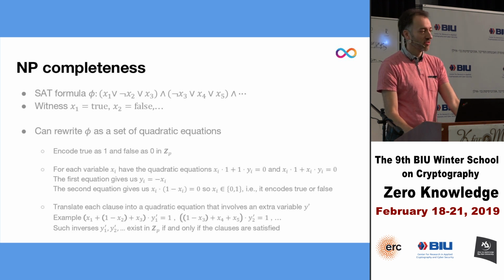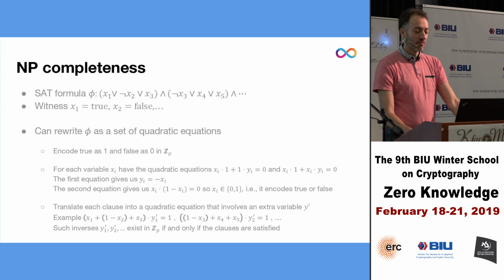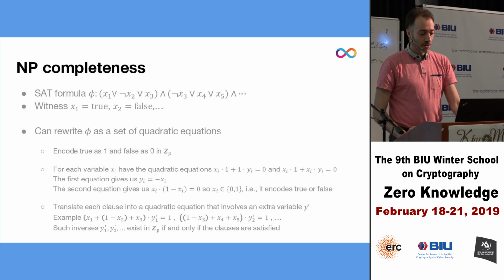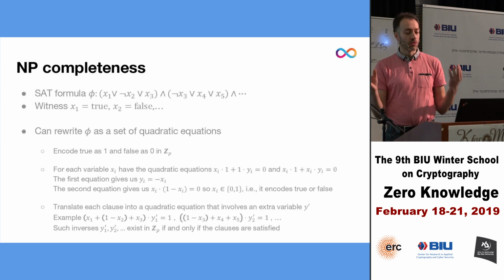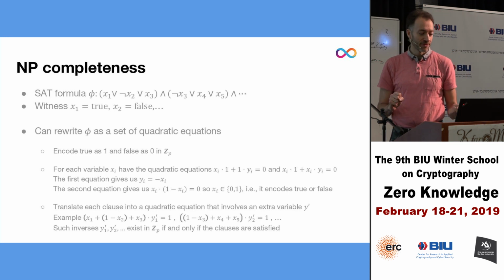Either xi is 0, which would correspond to in our interpretation that it would be false, or it's 1, which in our interpretation would correspond to this being true, right? But all the other options are ruled out. It's not going to be 2, 3, or 4, or anything else. Okay, so those equations guarantee that all variables now encode proper truth values.